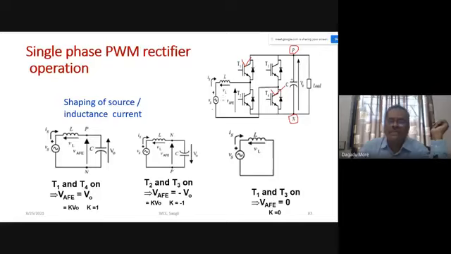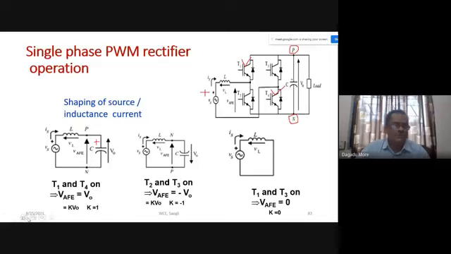Here Vs is our AC supply voltage, and we are considering the positive half cycle of the AC voltage. In that case, we assume that our upper terminal is positive. Now T1 is on, so the inductor, through this switch, is connected to the capacitor positive. So the P point comes at the inductor and the positive terminal of the capacitor at this particular instant.